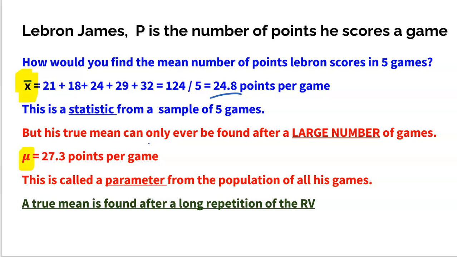So we've got to make sure that we understand, first off, how the law of large numbers plays into how to get that number, but also understand that there's a different symbol we use for a sample statistic. That's going to be X bar. That's a value coming from just a certain number of games, like 5, versus a parameter, for which we use the symbol mu. Mu is the mean of the entire population, because we're looking at a large number of games, like all of them. So the true mean is found after a long repetition of a random variable.